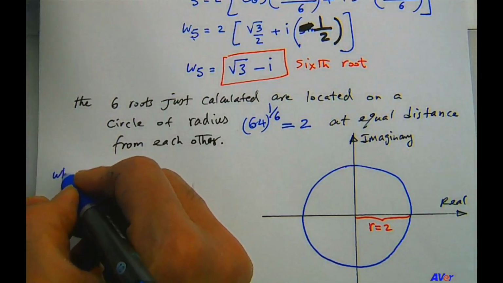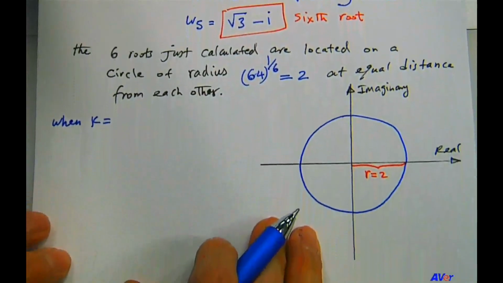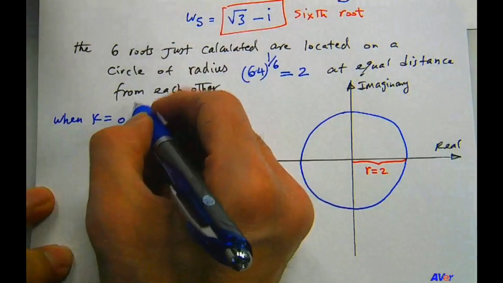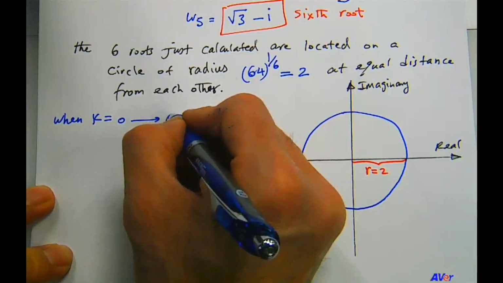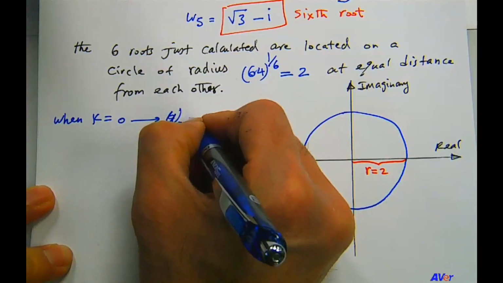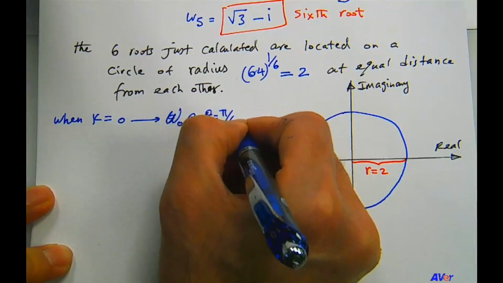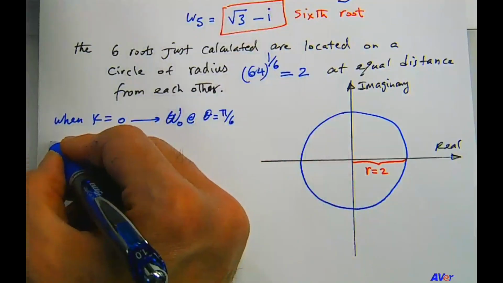When k was equal to 0, then W0 was at theta equals pi over 6. Remember that? You can go over the calculations and find these.